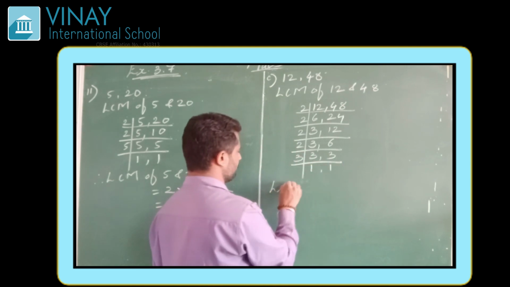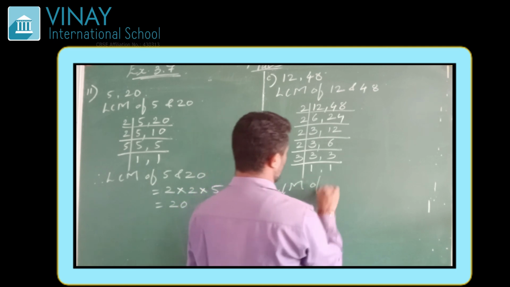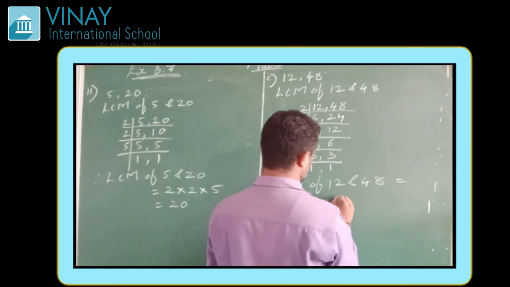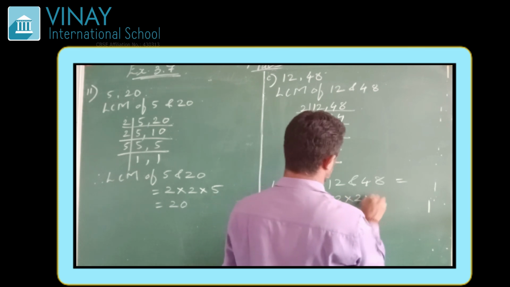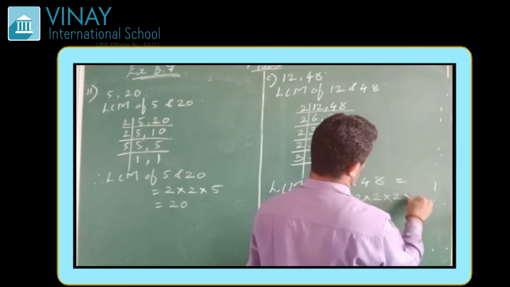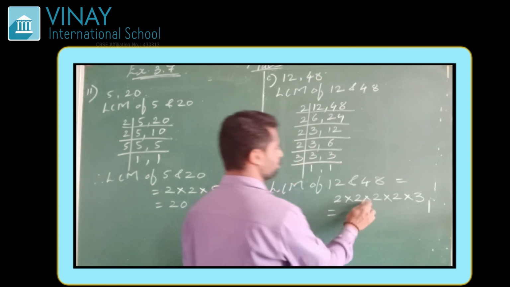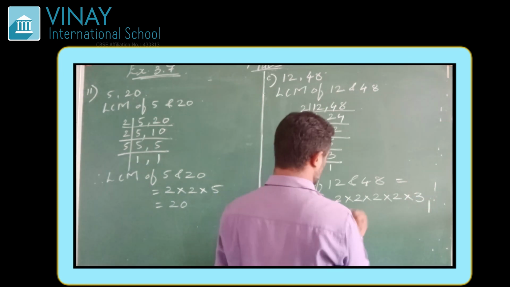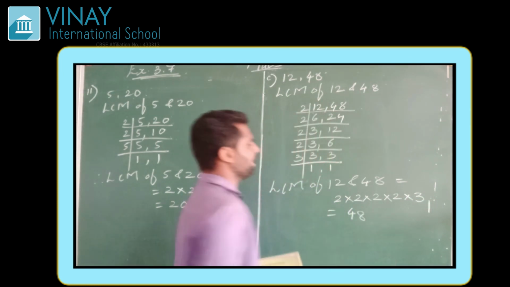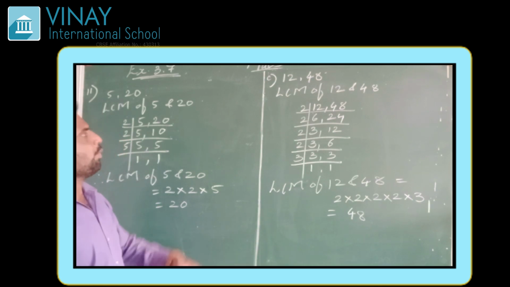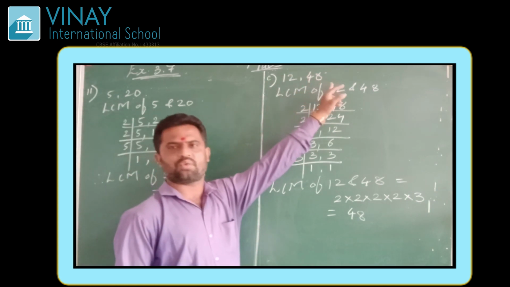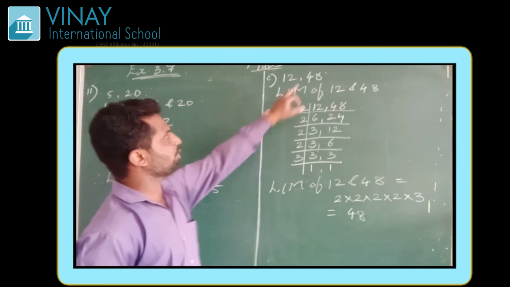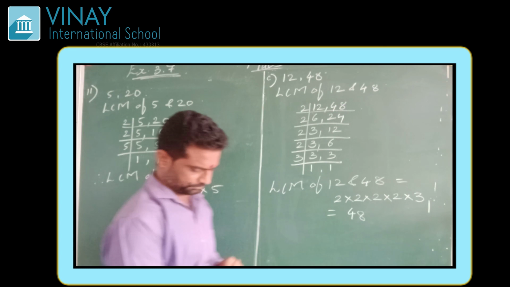So the LCM of 12 and 48 is equal to 2 into 2 into 2 into 2 into 3. 2 twos are 4, 4 twos are 8, 8 twos are 16, and 16 threes are 48. So again here also we see that when one of the numbers is a factor of the other, the LCM is always the bigger number.